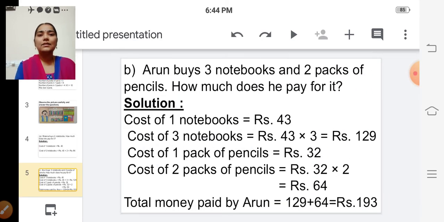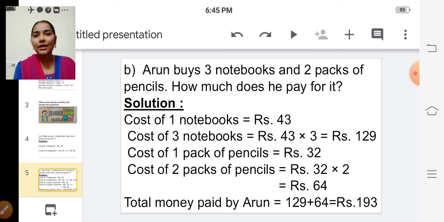Next question. Arun buys 3 notebooks and 2 packs of pencils. So how much does he pay for it? So what is the cost of one notebook? It is rupees 43, isn't it?